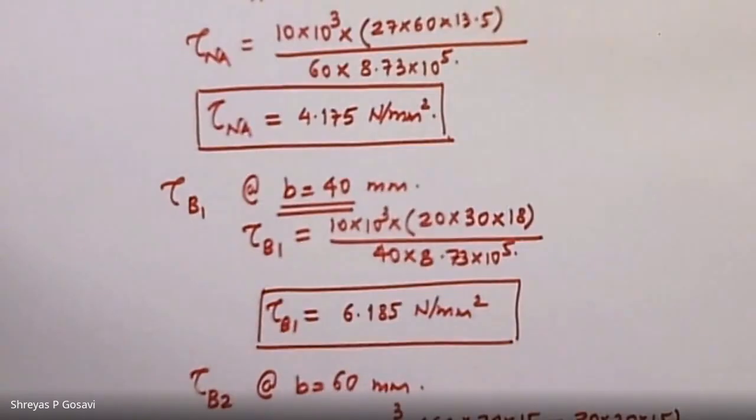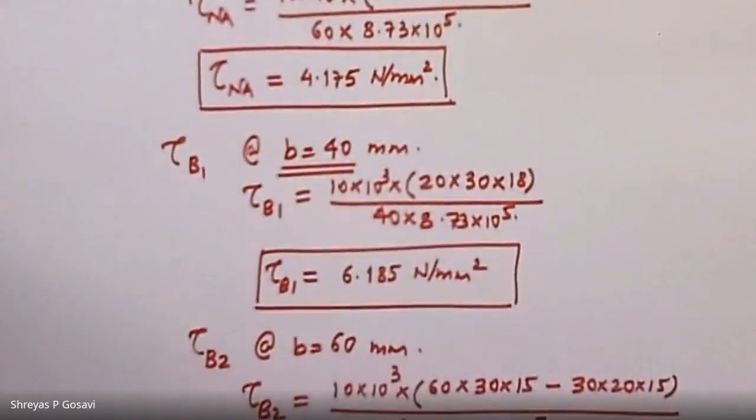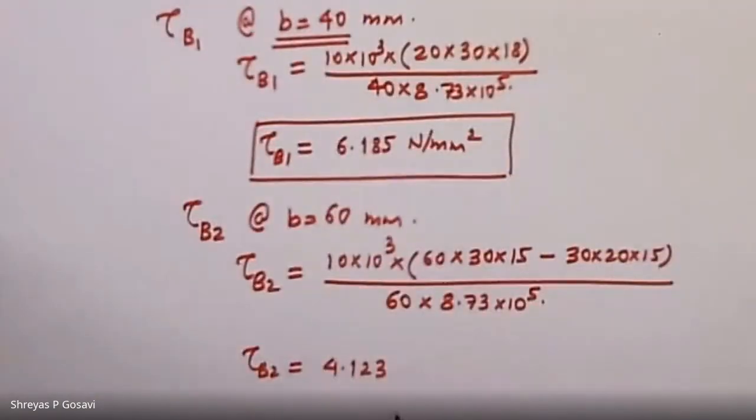And the value of the shear stress about this layer, that is about width B equal to 60, comes to be 4.123 Newton per mm square.